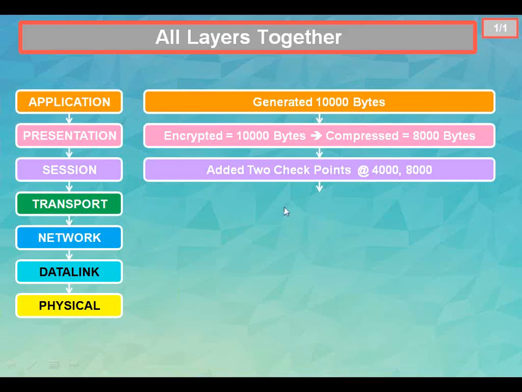All right. So it's going to add two checkpoints at 4000 and 8000. Fine, great. Then what is the transport layer going to do?